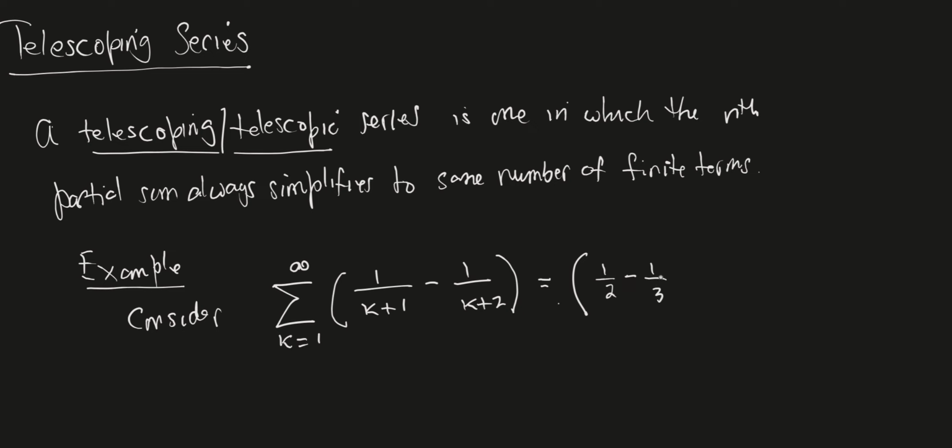And then plus, when k is equal to 2, this denominator becomes 3, and this denominator becomes 4. So we should see the pattern now. We have 1/2 minus a third plus 1/3 minus a fourth, then 1/4 minus 1/5, and so on. So that's the pattern. And the question is, what happens if we add these terms up infinitely often? What's going to happen to them?